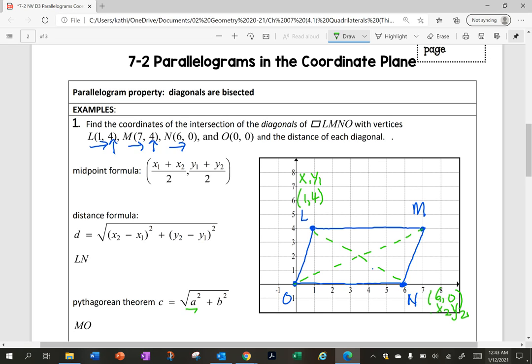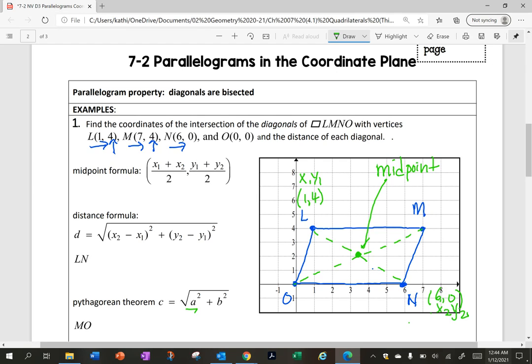First I'm going to find the intersection of the diagonals, the midpoint. I'm looking for this point here. I could do either diagonal to find the midpoint, so I'm going to just use L and N.